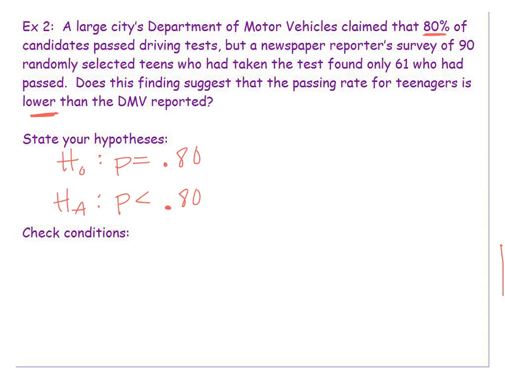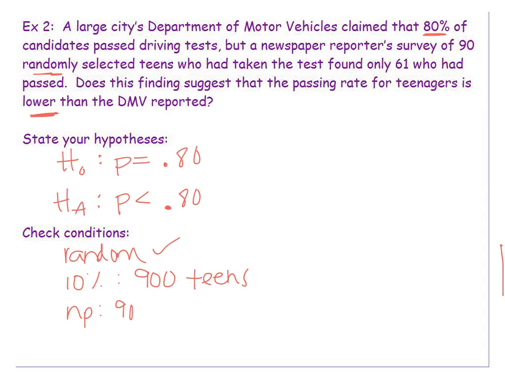So now let's check our conditions. Did it mention somewhere up in our problem about random? And it says randomly selected, so yes. 10%. How many were in our sample? Well, that was 90. Add on a 0. Do you think that there are 900 teenagers in the world? I would assume yes. So now we have to do np and nq.